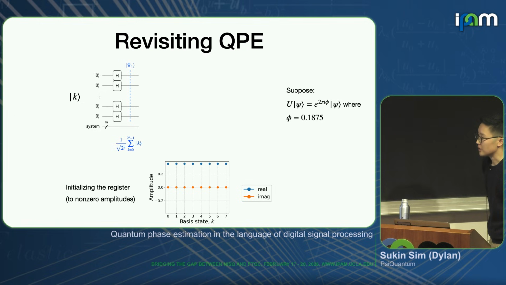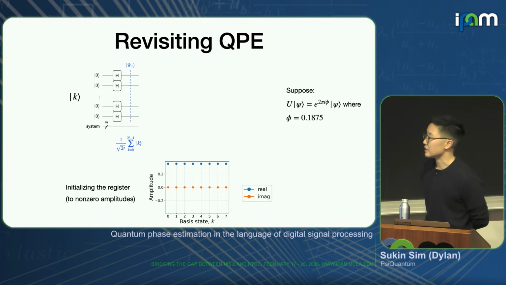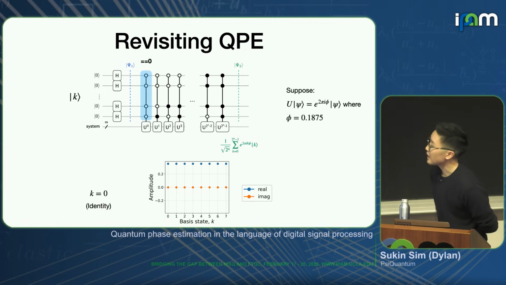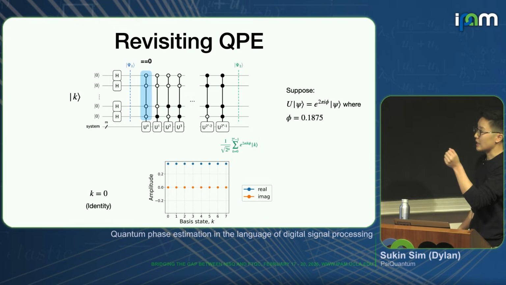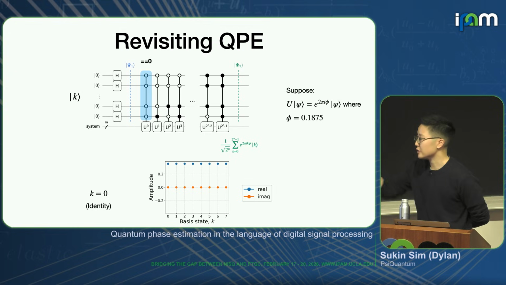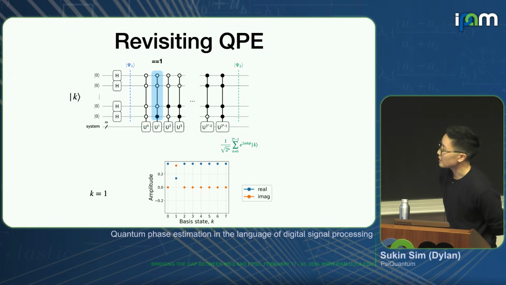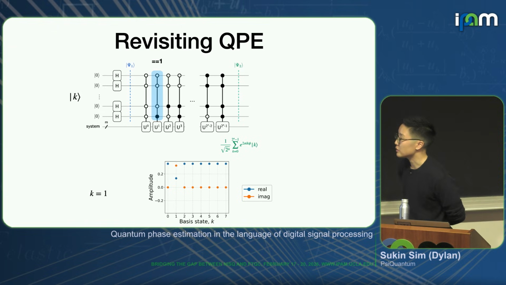We've initialized the register to non-zero amplitudes using the Hadamards. If we apply the first gate, where we check if K equals 0 and apply U to the 0, which is the identity gate, we don't see any changes in the state vector. But as we check if K equals 1 and apply U to the 1, we see the transformation for the corresponding basis state.